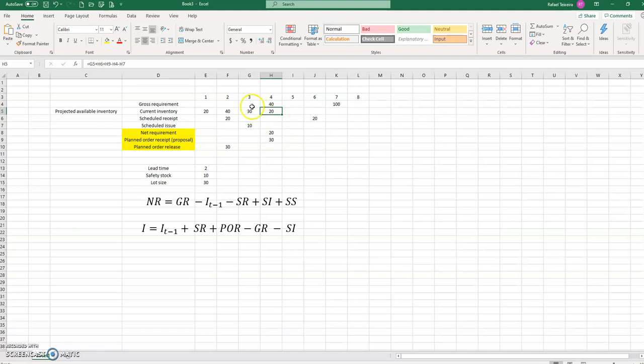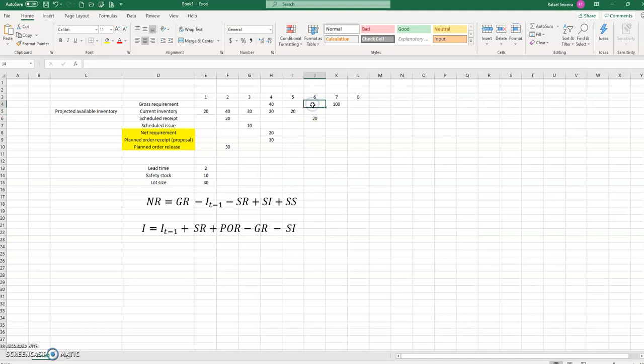So it's 30 plus 30, 60, minus my gross requirement of 40 is 20, minus anything else that I had to use. I don't have to use anything else, so I have a current inventory of 20.